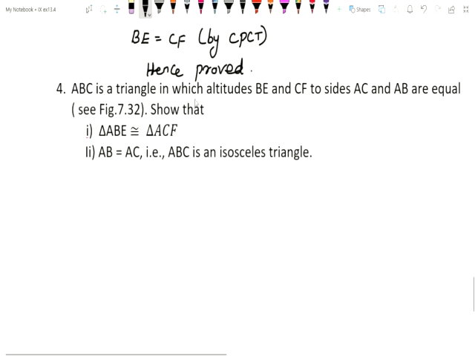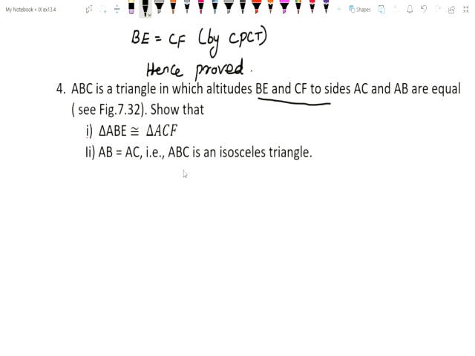ABC is a triangle in which altitudes BE and CF to sides AC and AB are equal. So that triangle ABE is congruent to triangle ACF and AB equal to AC.